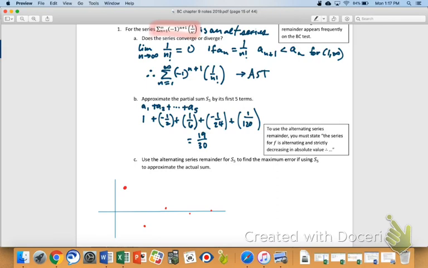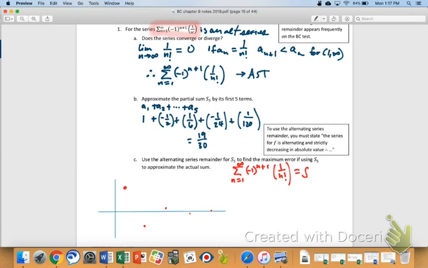Okay, so what Brandon just mentioned, I'll write it a little bit differently. I'm going to say that the sum from n equals 1 to infinity of this whole thing, (n plus 1) over n factorial, I think it was, let's just say that equals S. That's the actual sum, whatever it is.